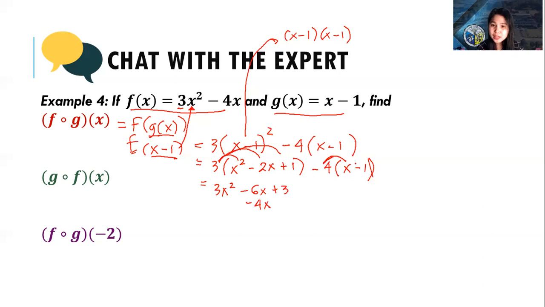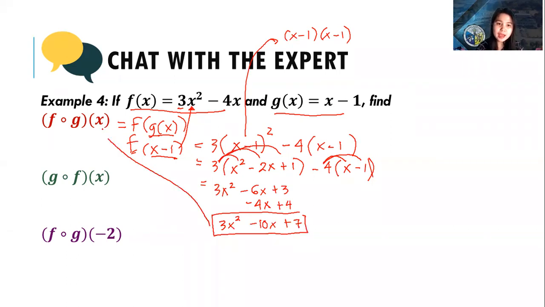Negative 4 times negative 1 is positive 4. So the answer will be 3x squared minus 10x plus 7. That's for f of g, f composed with g.